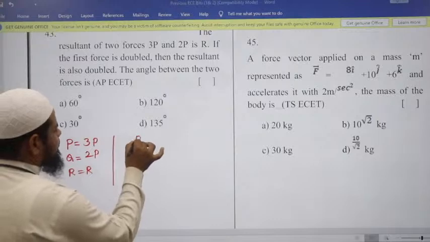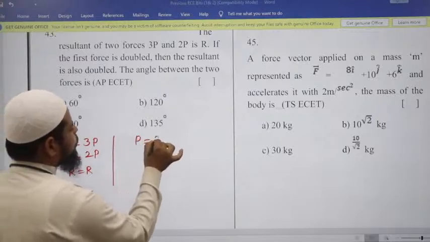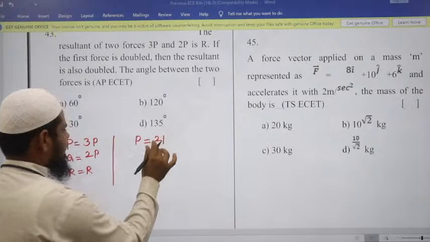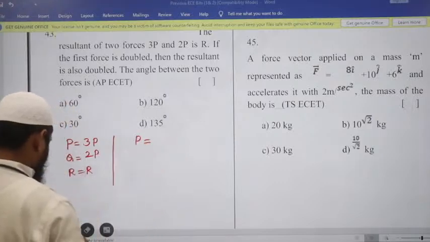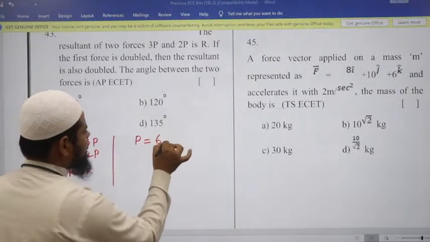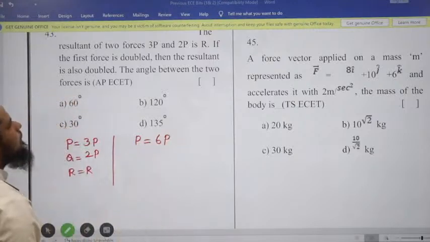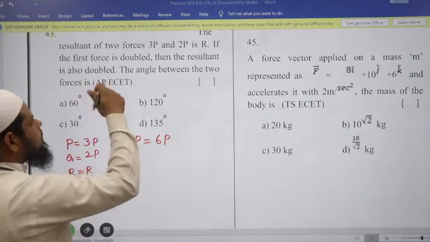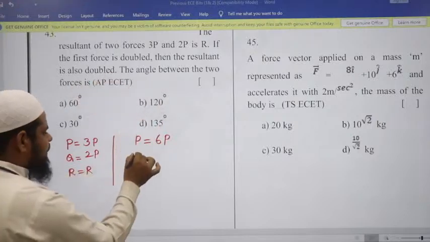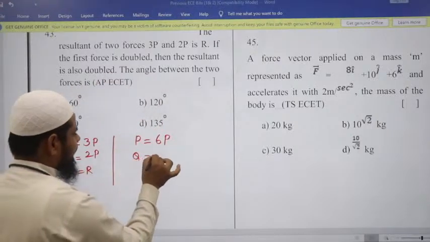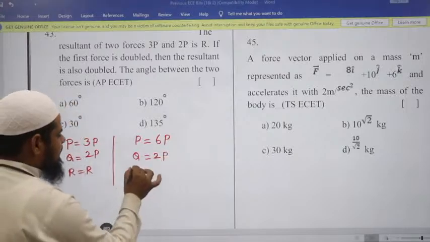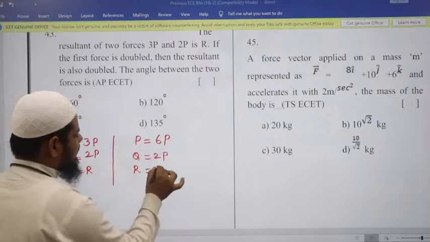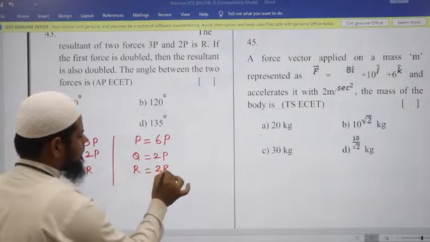If P becomes 2P, so doubled means 6P. First force doubled, then the resultant is also doubled. It means Q remains the same, 2P. Q remains 2P. The resultant is doubled here, 2R.